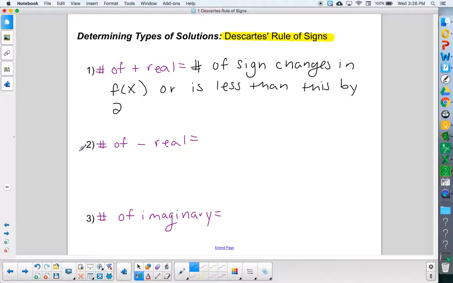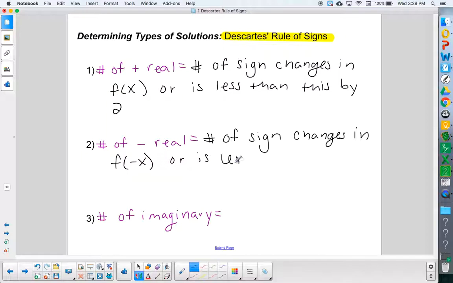The number of negative real roots is equal to the number of sign changes in f of negative x, which means we're going to plug negative x in and see what happens. And same thing, or is less than this by 2.